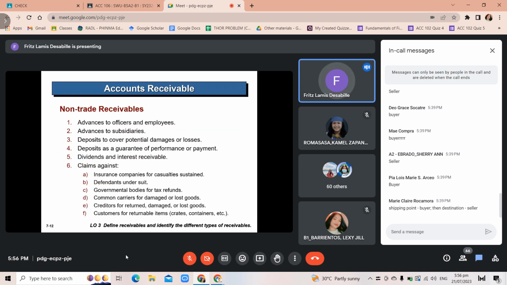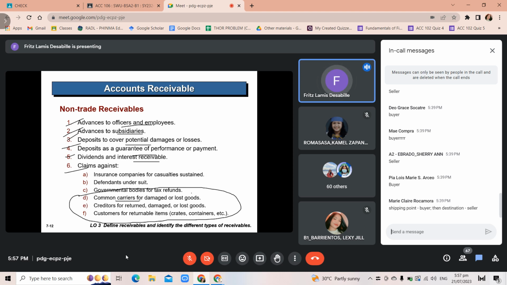Okay, so another one, I'll be sharing this later. You have another note here with other examples for non-trade receivables, but I think these are just the same. Non-trade receivables, guys, students most of the time get confused about how to classify them.